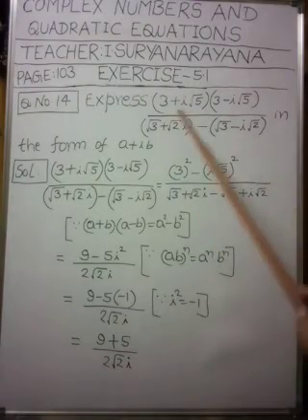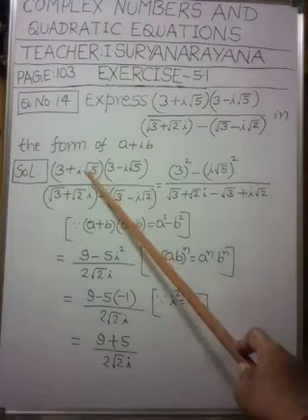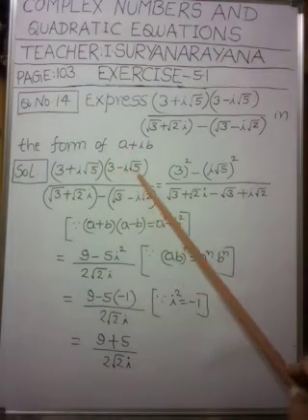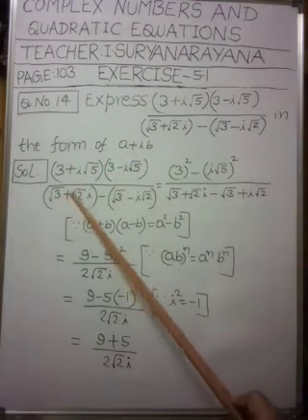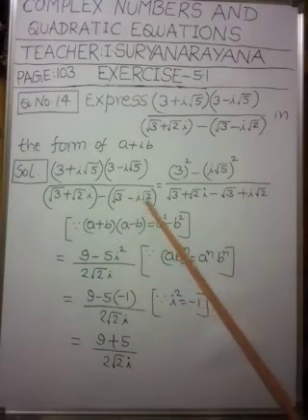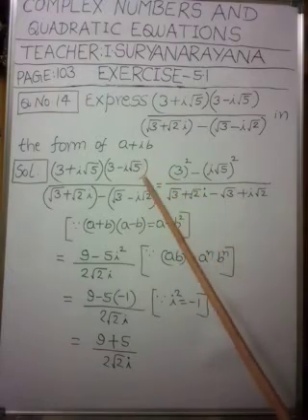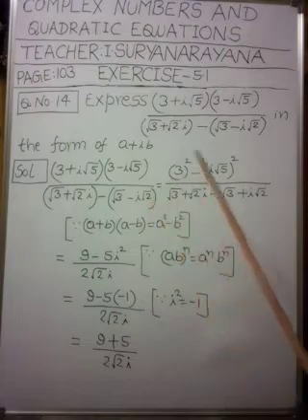Right. Let us take the given expression, that is (3 plus i root 5) into (3 minus i root 5) whole divided by (root 3 plus root 2i) minus (root 3 minus i root 2). Okay, my dear children. Now let us simplify the numerator as well as the denominator step by step. Okay, my dear children. Right.